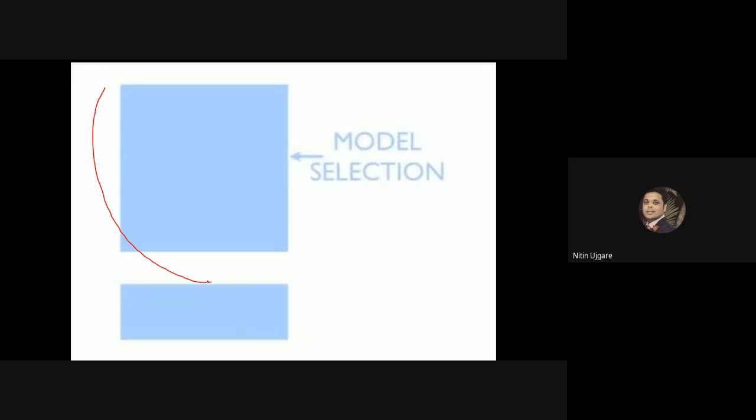Then we select multiple models, find their cross validation errors, and select the best algorithm out of them. Then we test the selected best algorithm on this unseen data, which is basically real world data, untouched. We have not used this data for training or for selecting the model. We completely kept it aside.